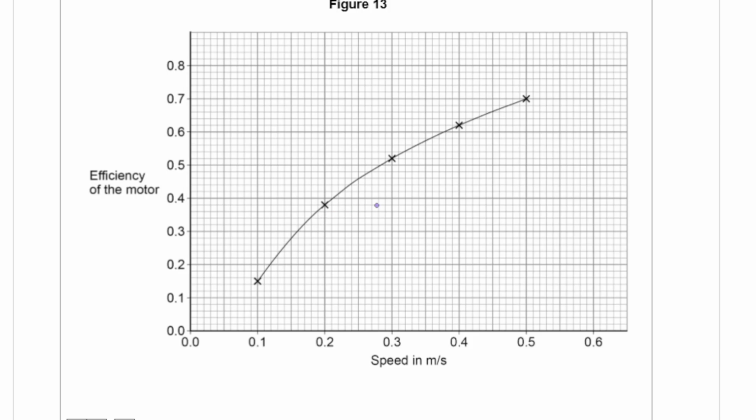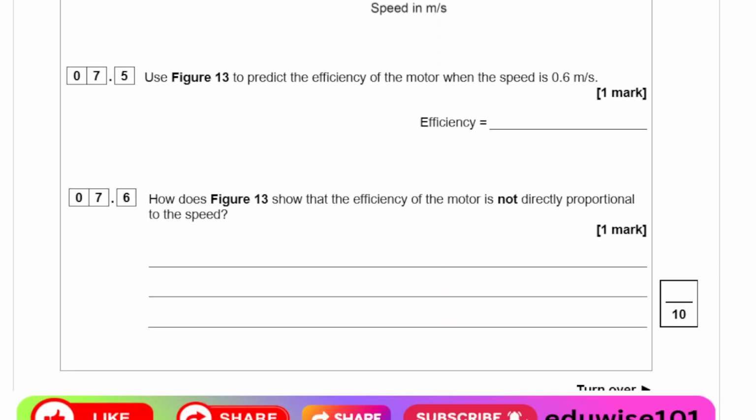So I will have to draw a line which should follow this. So I do that. At 0.6, it will be 0.75. The marking scheme says any answer between 0.74 and 0.78 will be fine.